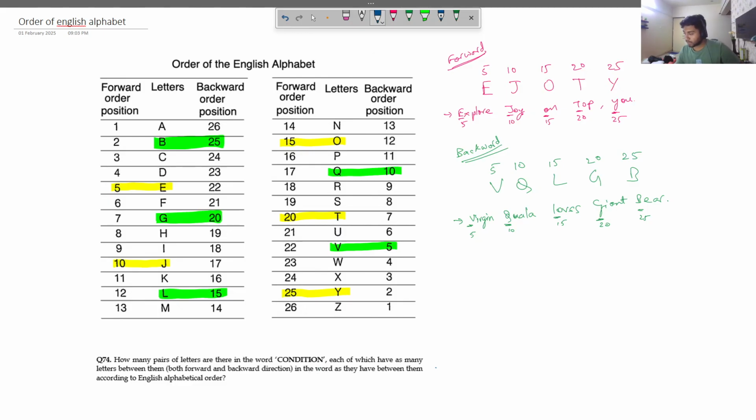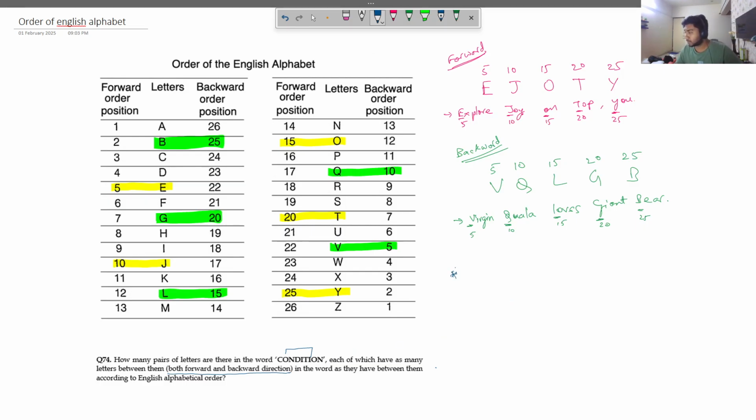Whenever you have to find the gap between any two letters from the forward and backward direction, they are the same, always the same, no matter what. This line that is given, both forward and backward, is only to confuse you.